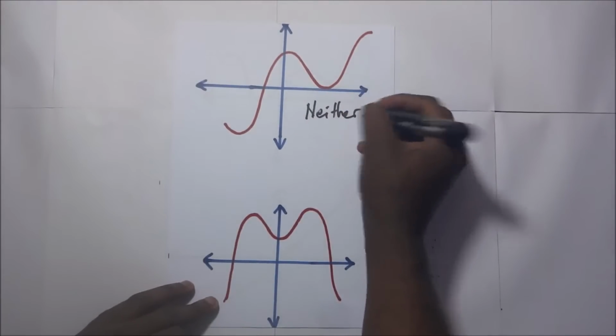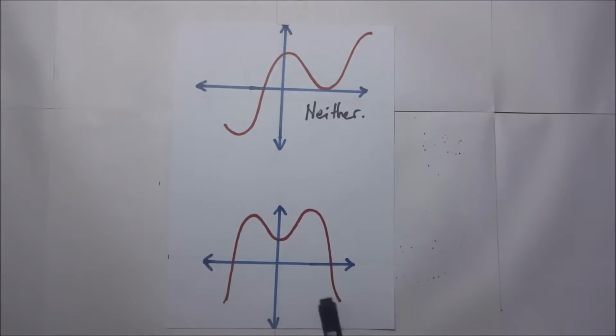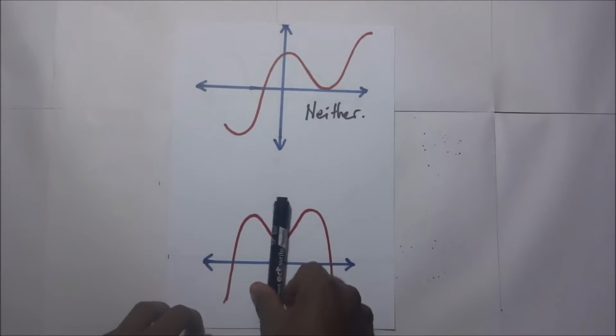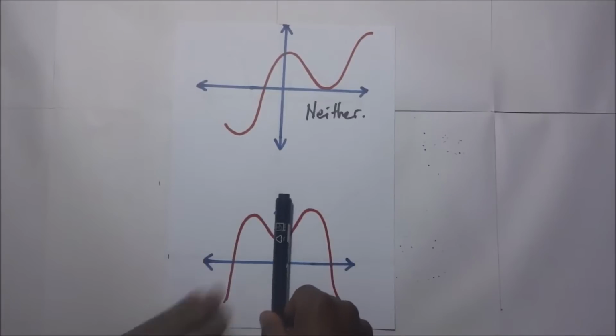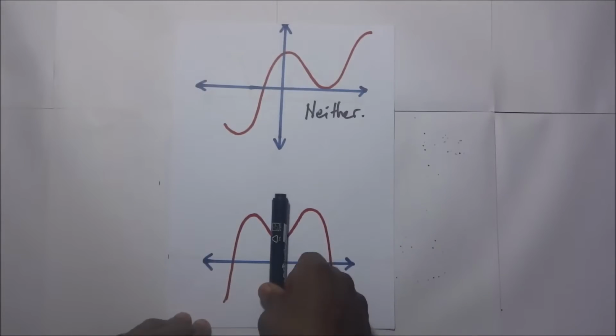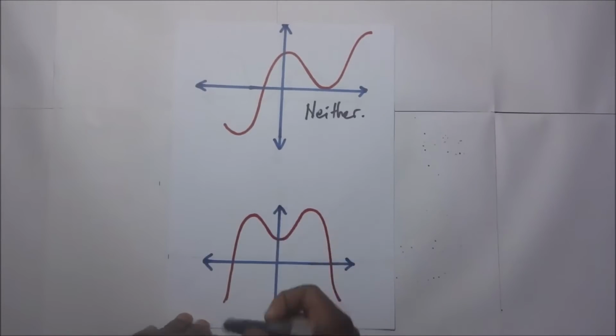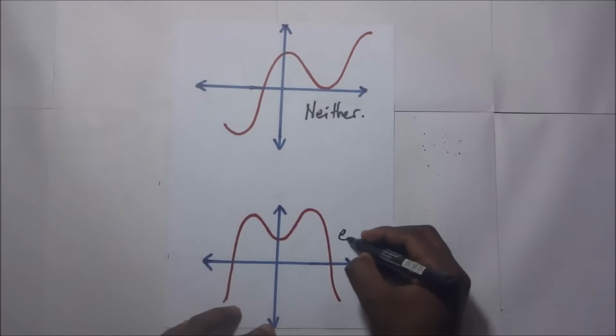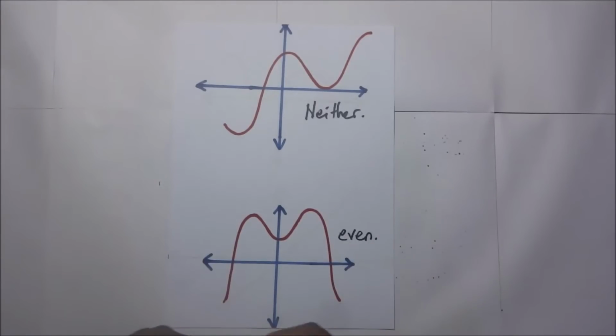Looking at this graph right here, the y-axis splits it into two parts that are identical to each other. So it is symmetrical about the y-axis, meaning that this represents an even function.